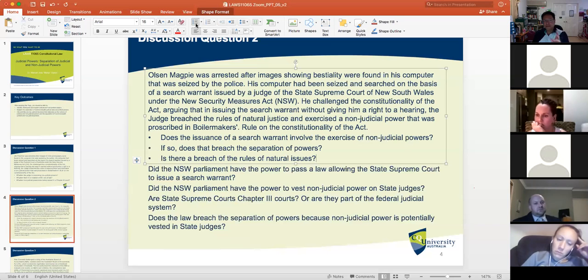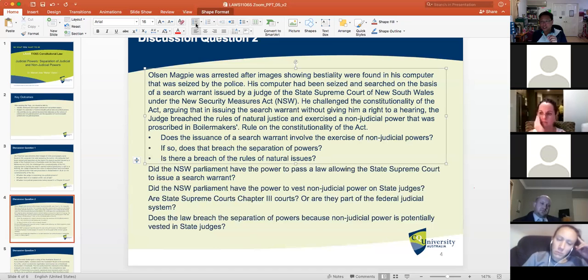So, for example, what if this particular law, the state law under the New Security Measures Act, provides as well that when the police or the chief of police or a member of the police of the state of New South Wales makes an application before a judge that a search warrant should be issued, then the judge must, as a matter of course, issue the search warrant. Must, as a matter of course. It must be automatic.